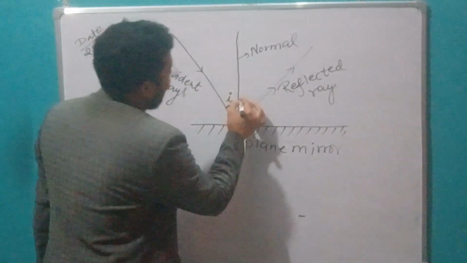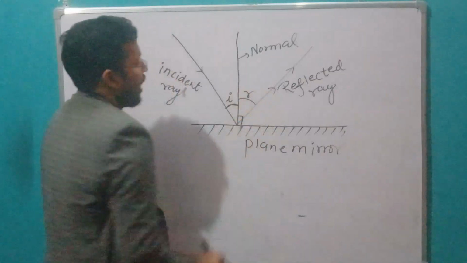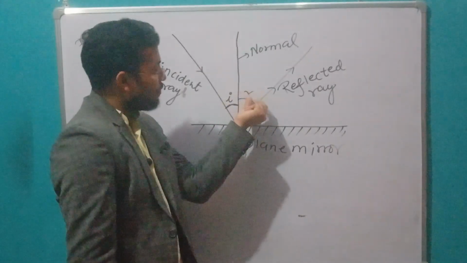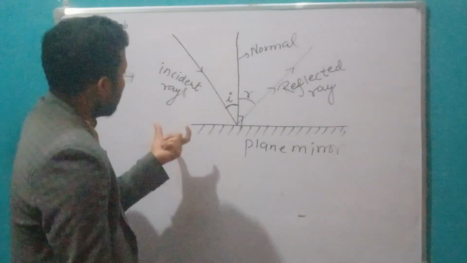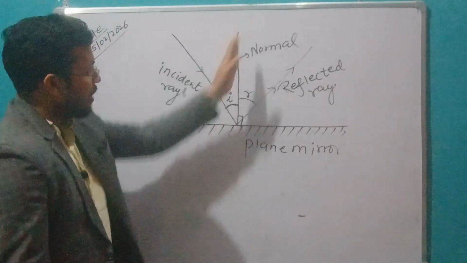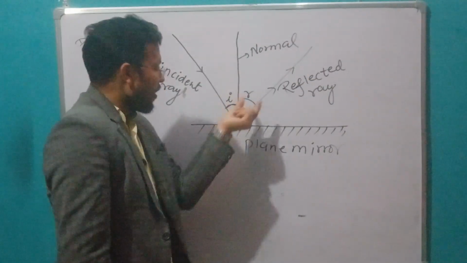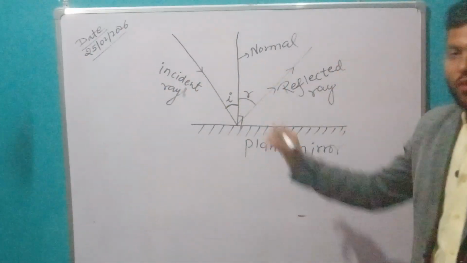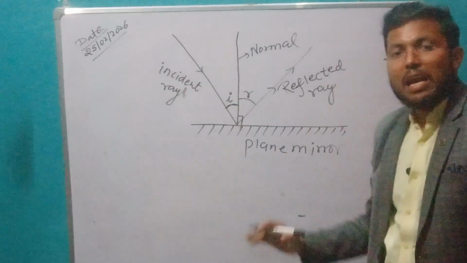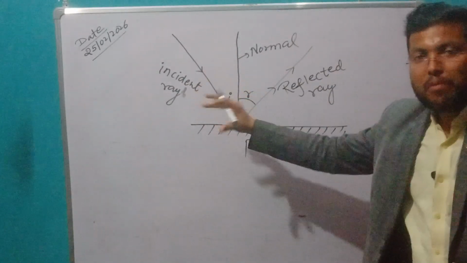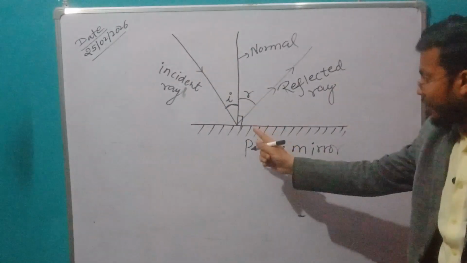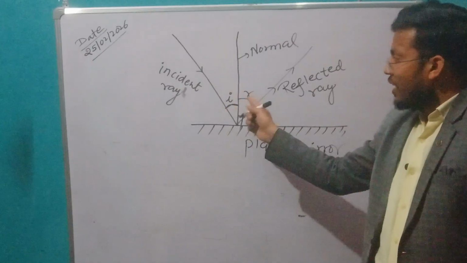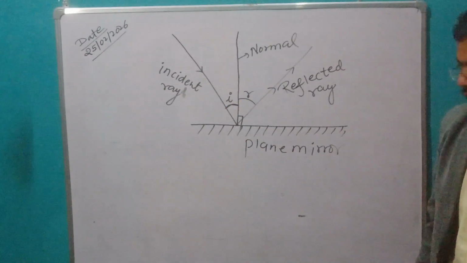This angle is known as the angle of reflection, R. There are 5 major things here: incident ray, reflected ray, normal, point of incidence, and angle of incidence or angle of reflection. Okay, is it clear now?